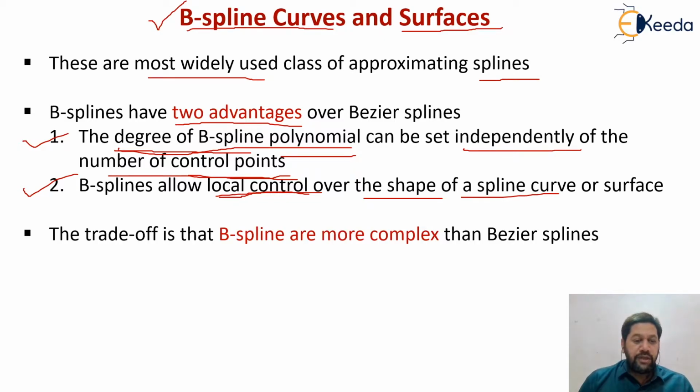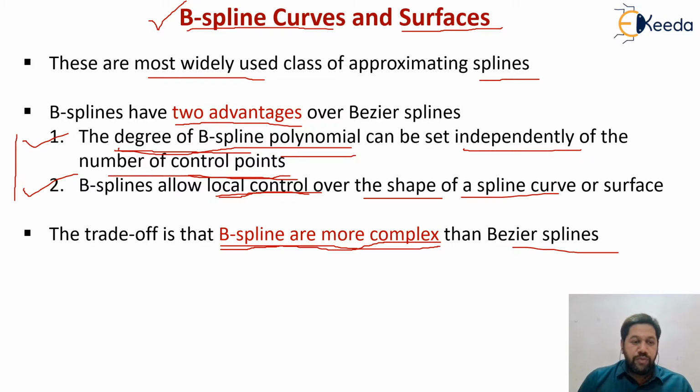Now, the only trade-off between the Bezier curve and the B-spline curve is this: although it has two advantages over the Bezier curve, it has a drawback. B-splines are more complex than Bezier splines. So if I compare B-spline and Bezier, the B-spline curves are more complex as compared to the Bezier curve. That is the only trade-off that we have.